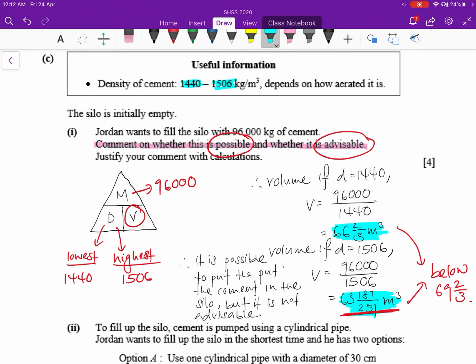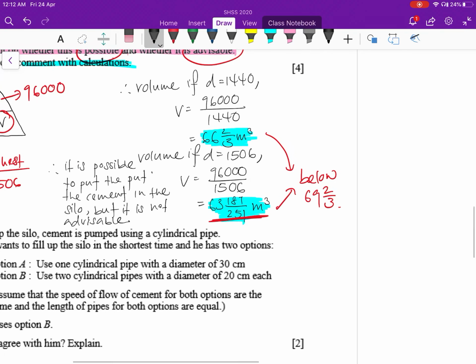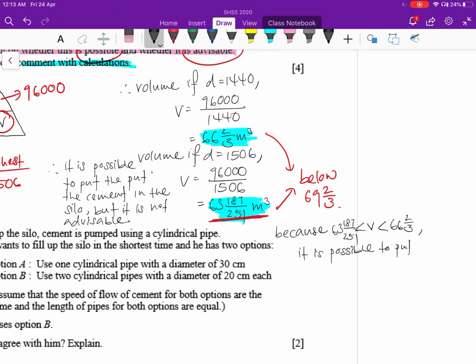Now, they want you to justify your comment with calculations. So you need to explain even more, because the volume is between 63,187 over 251 and 66 2/3, it is possible to put it in the silo of volume 69 2/3 meters cubed.